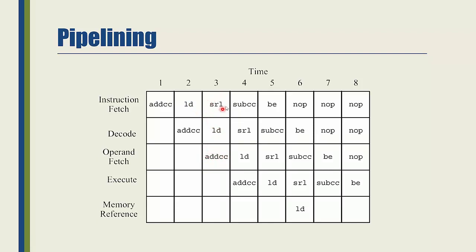At that time, the third instruction is already being fetched. The same for instruction number 4. When time equals 4, it is being fetched while the third one is being decoded, and so on. This is what happens when we do pipelining enhancement to the cycle.